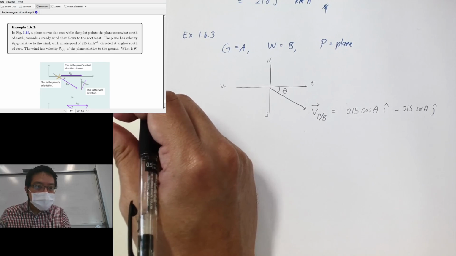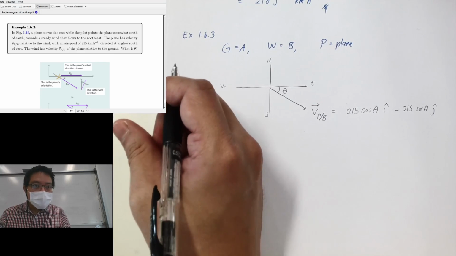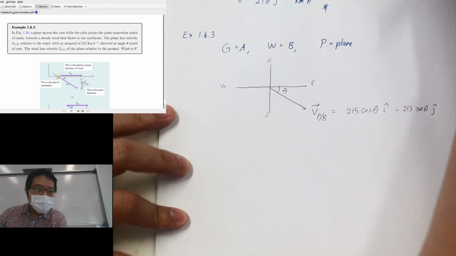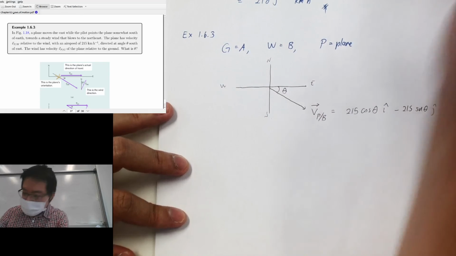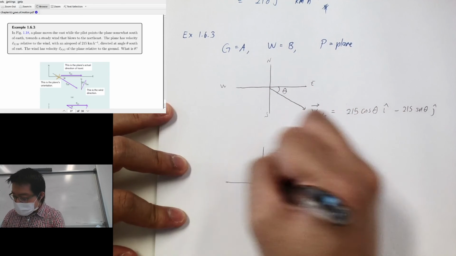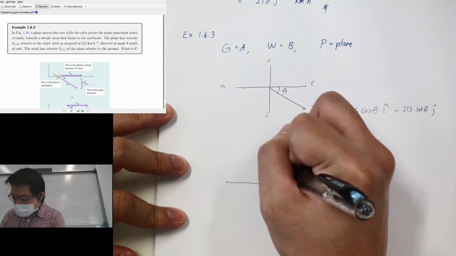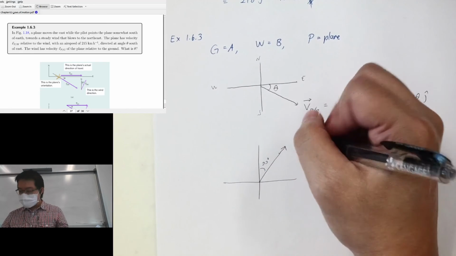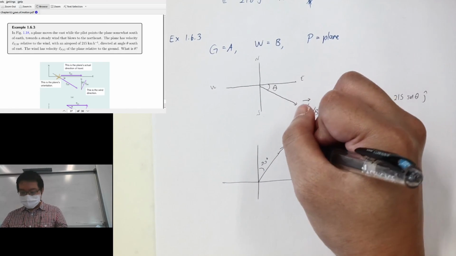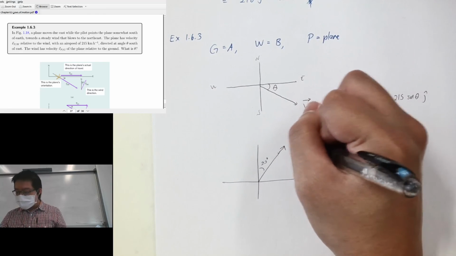Do you have enough information? Hang on. I think it's not enough information because I'm missing a sentence. The wind was blowing 20 degrees here. I'm sorry, when I typed this example, I forgot to give the velocity of wind with respect to ground. So let me edit here.